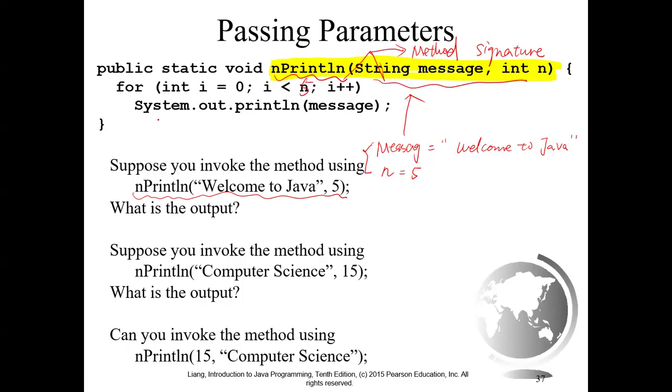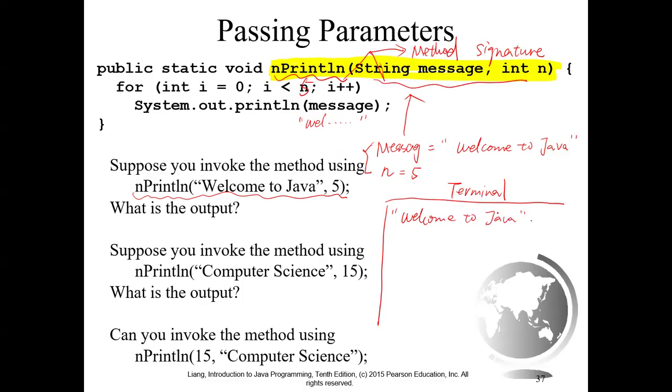And we should System.out.print the message. The message is "welcome to Java", right? And then once we have done with it, suppose this is our terminal. We will have a message, welcome to Java.